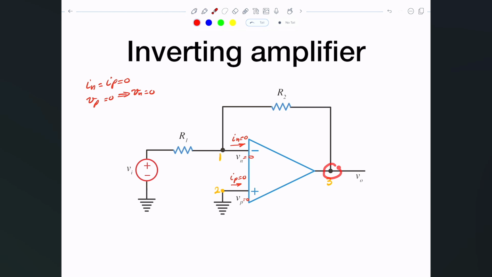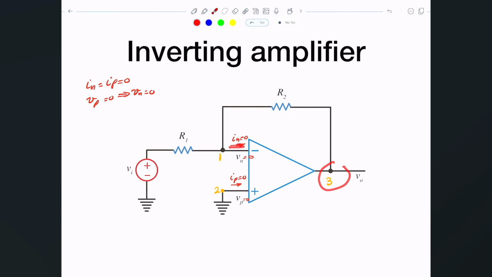And also at 3, generally speaking, it's a little bit more difficult to apply it. The reason is that the current coming from inside of the op-amp is unknown, and I can't just write V out minus, I don't know what's inside it. I don't know this current and I don't know the voltage in here. So typically we'll avoid writing nodal at the output.